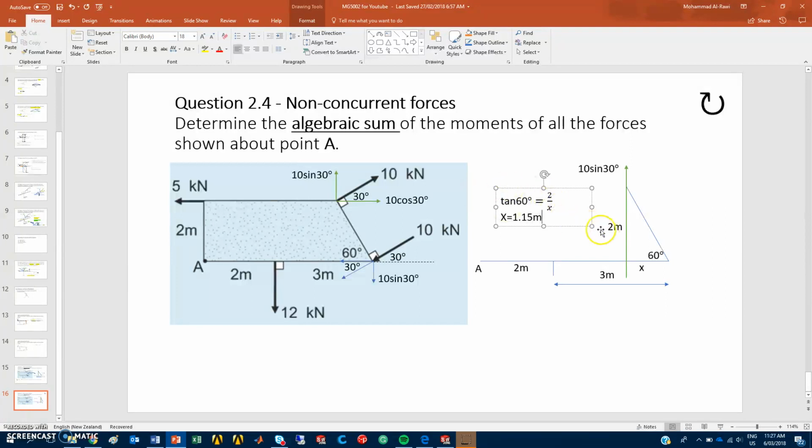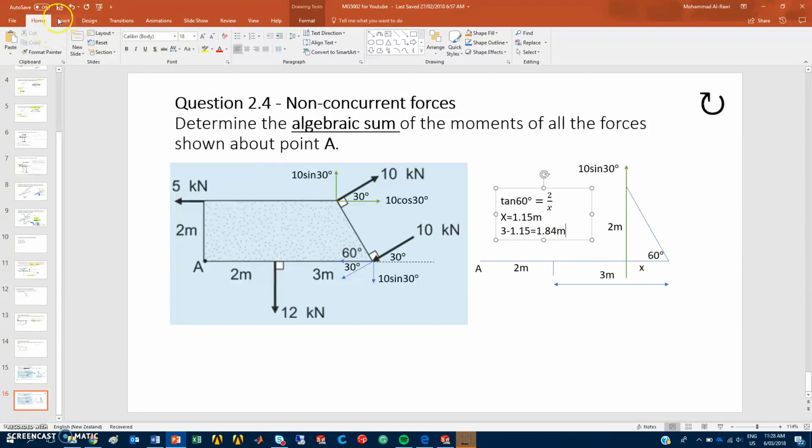Just rearrange the equation. Now, since we found X, we need to determine that distance, so 3 minus 1.15 will be equal to 1.84 meters.